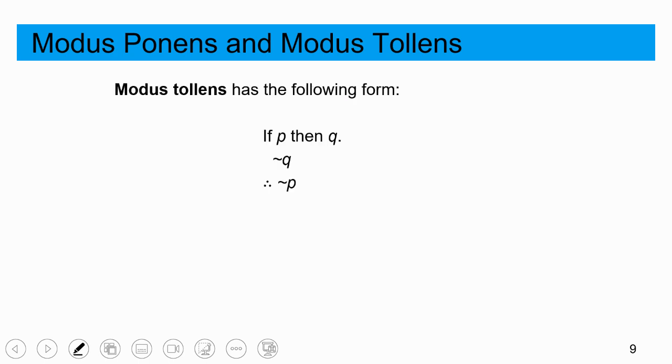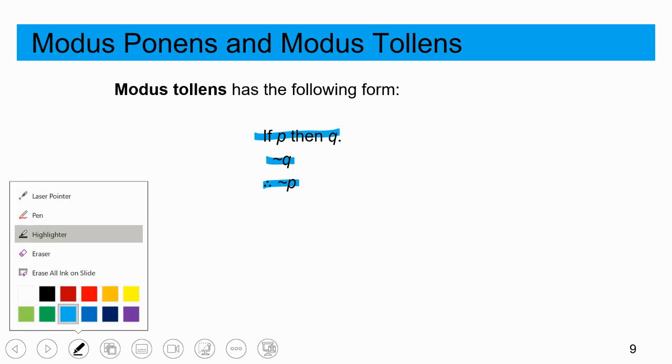Modus tollens is another argument form where we begin with an if-then statement, if P then Q, and then we assert that not Q. Well, if not Q, then certainly not P, because we know that the contrapositive of a statement is always logically equivalent to the original statement.